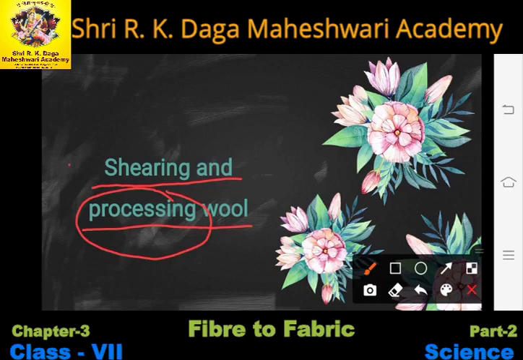So when we get hairs from the animals, those hairs are not exactly ready to use, but we have to do so much processing on the hairs so that we can use them. So this process is called shearing and processing wool, so that we can make it ready to use, and we can use it to make shawls, sweaters, and other items, right?